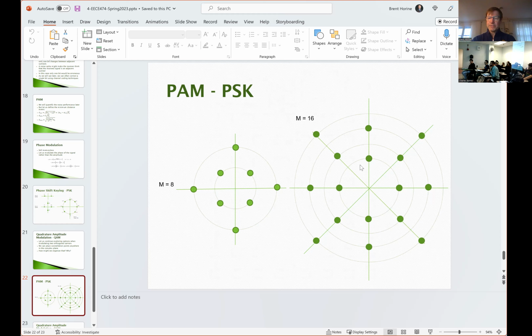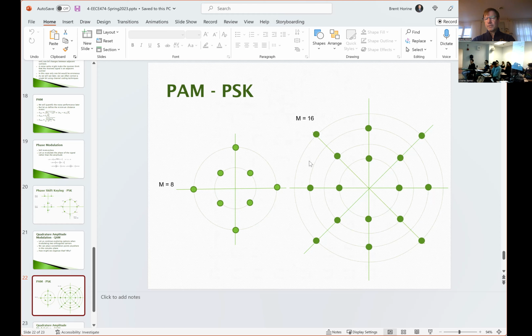That vector representation abstracts away the time dependency and encodes that whole complex symbol, which is a function of time, as a single vector. And then we represent that vector as a point in the complex plane.